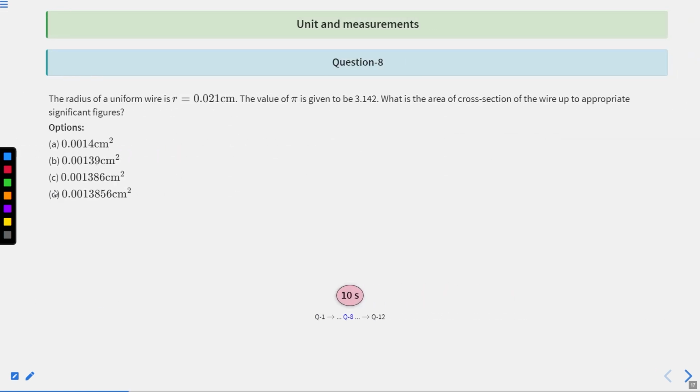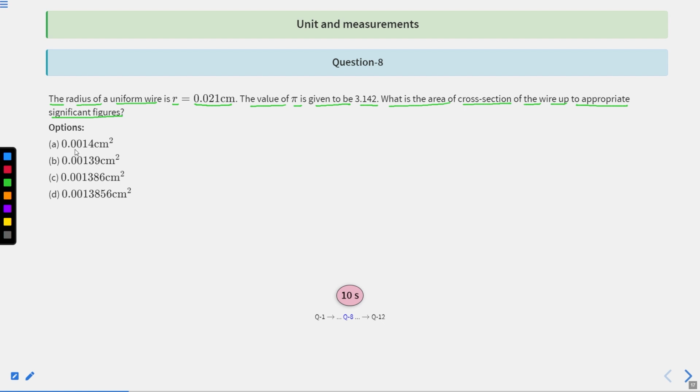Next is eighth question. The radius of a uniform wire is R, 0.021 centimeter. The value of pi is given to be 3.142. What is the area of cross section of the wire up to appropriate significant figures?